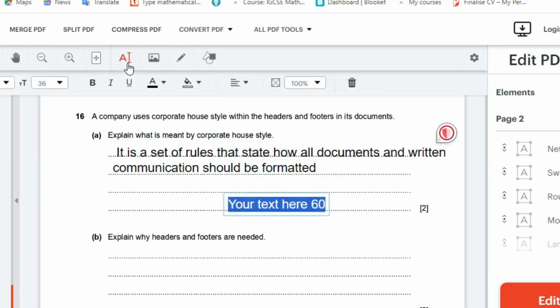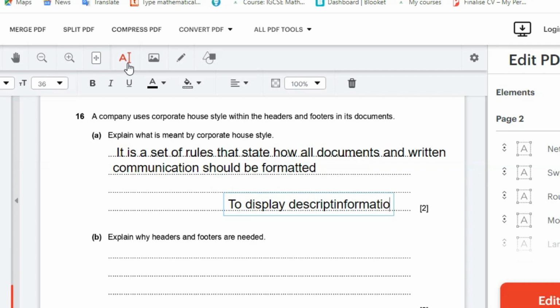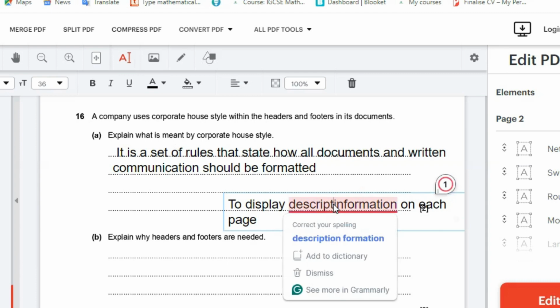One, to display descriptive information on each page.